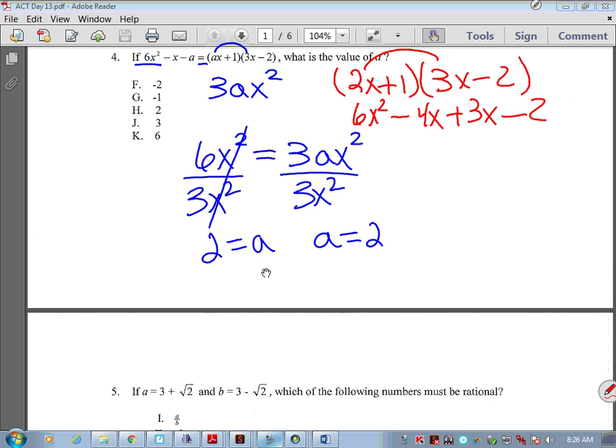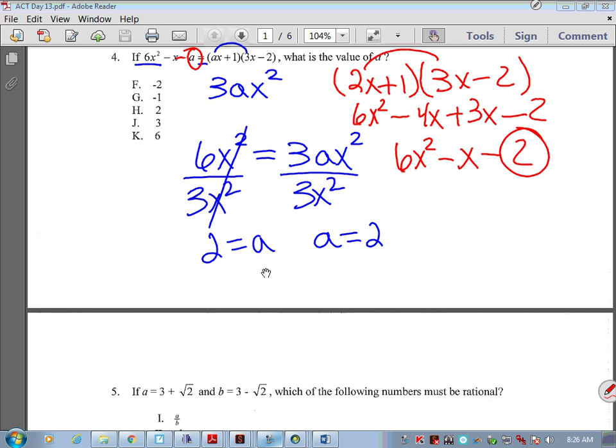Okay, notice that I have that a there also. So if I go ahead and I simplify this, 6x squared, I'm getting what? Negative x minus 2. Do you see how the a still equals 2?